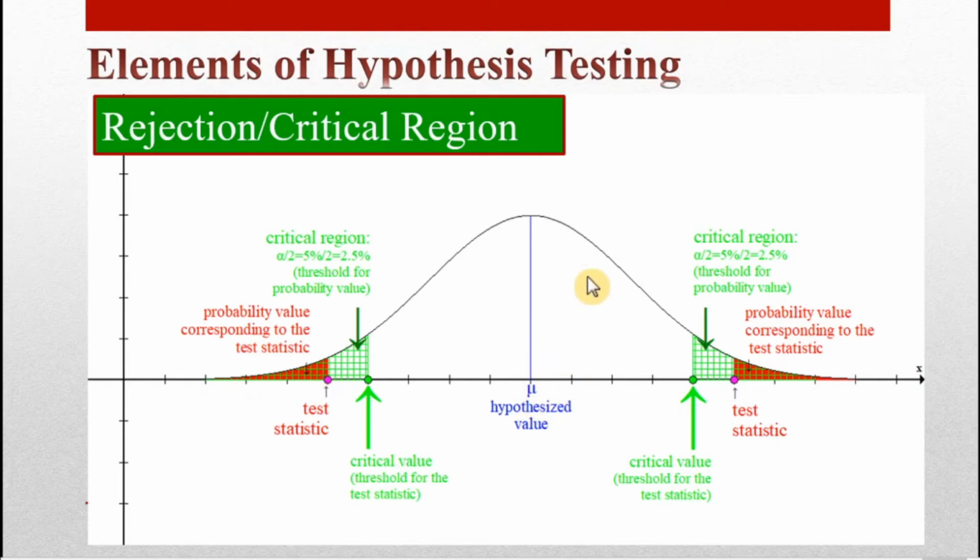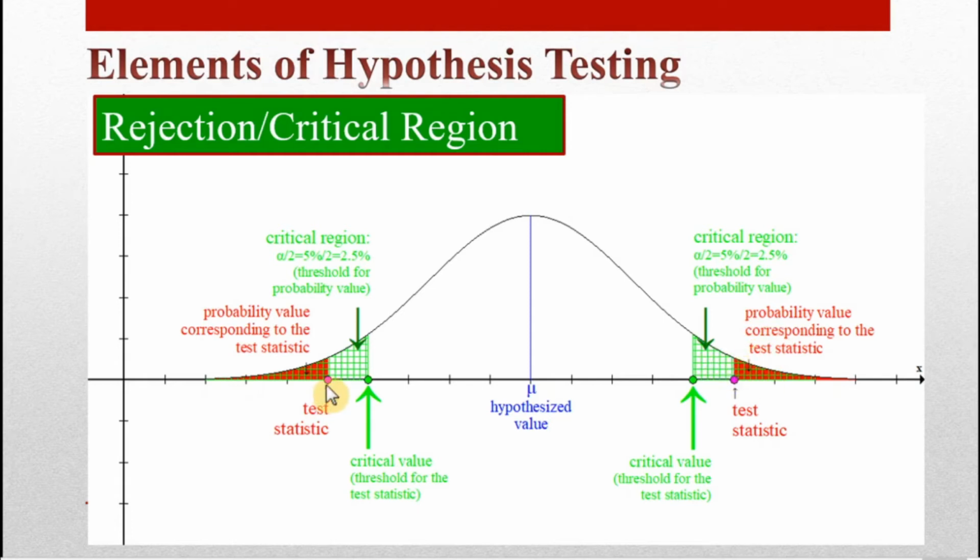We also need to understand the concept of the acceptance and the rejection or critical region. This white portion here is the acceptance region. This green portion at both sides of our distribution is called the critical or rejection region. And where do we use this?